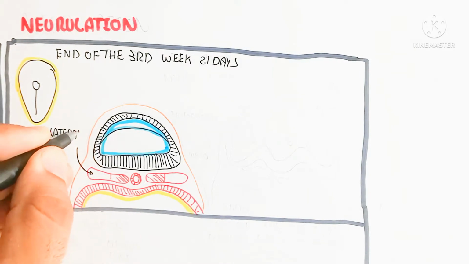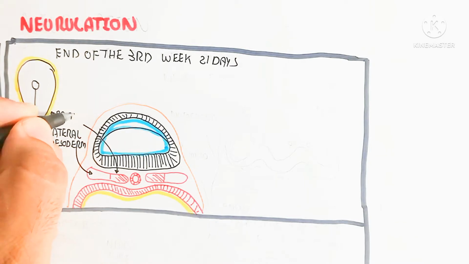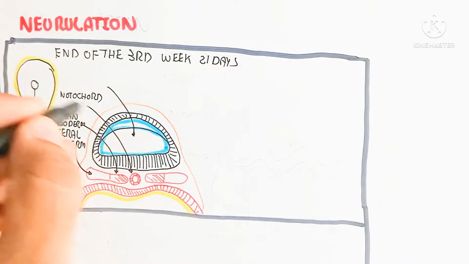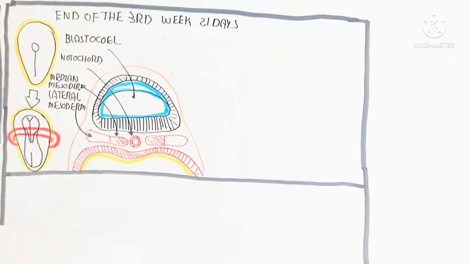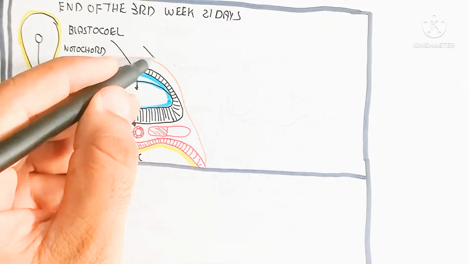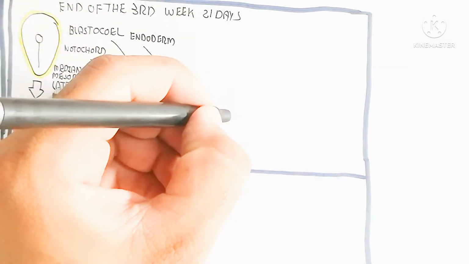Here you can see the lateral mesoderm and medial mesoderm forming, while the notochord is also produced as a result of invagination of the mesoderm. Here is the blastocele, this is the amniotic sac, this is the yolk sac, and this is the endoderm.